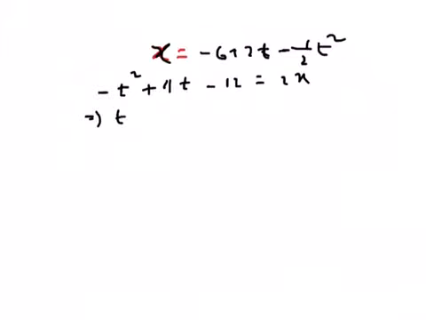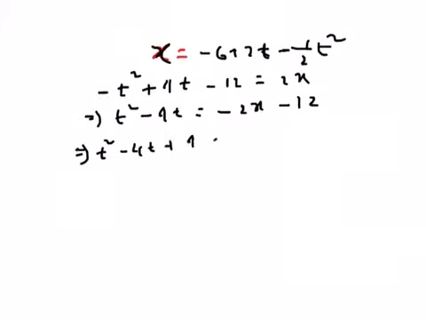So t square minus 4t is equal to minus 2x minus 12. So this is becoming t square minus 4t plus 4 minus 2x minus 12 plus 4. So becoming t minus 2.